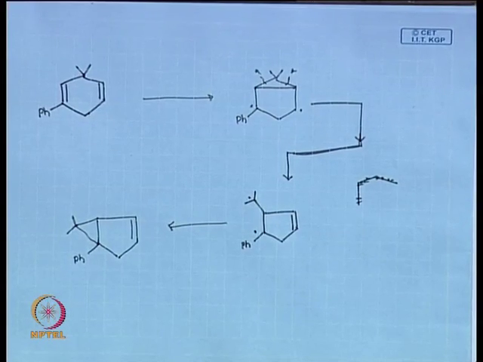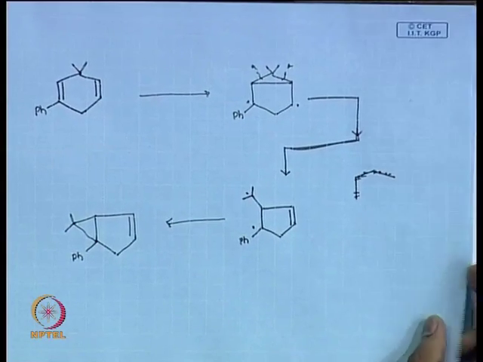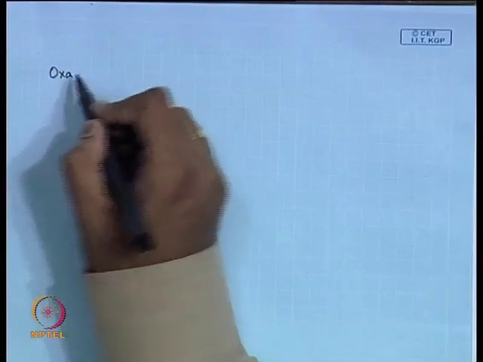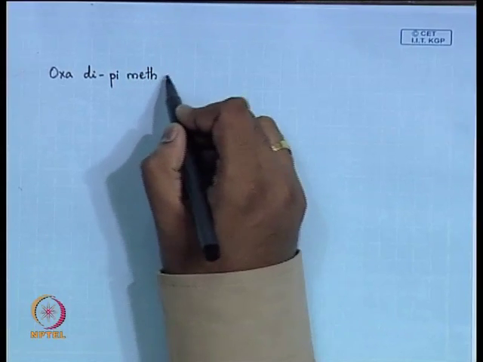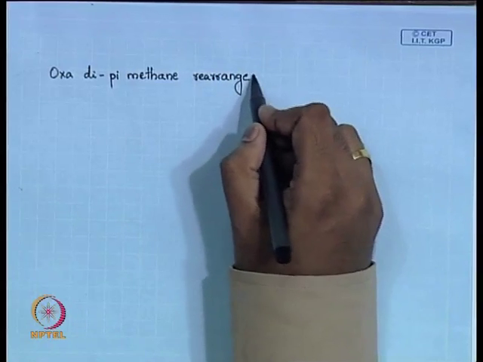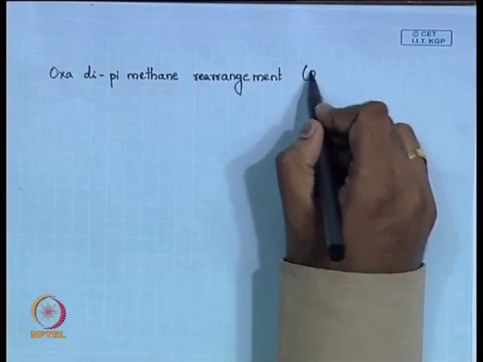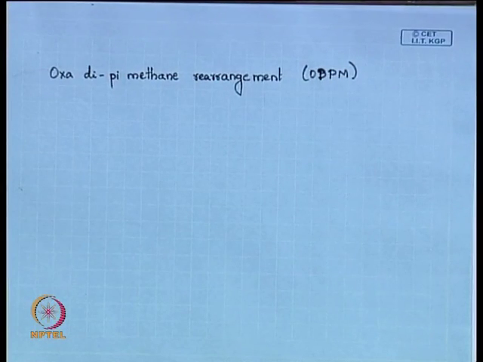These are some examples of your aza-di-pi-methane rearrangement. Okay. Now we will go to another class of di-pi-methane rearrangement, that you call the oxo-di-pi-methane rearrangement, ODPM.